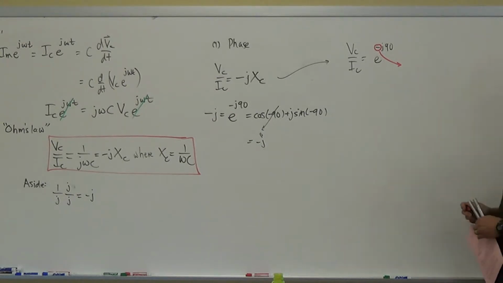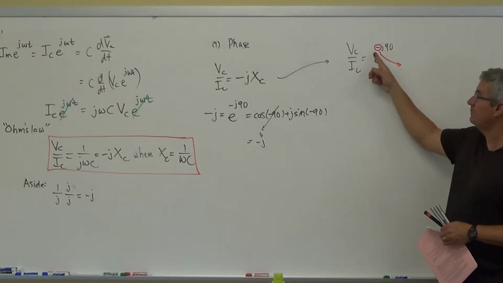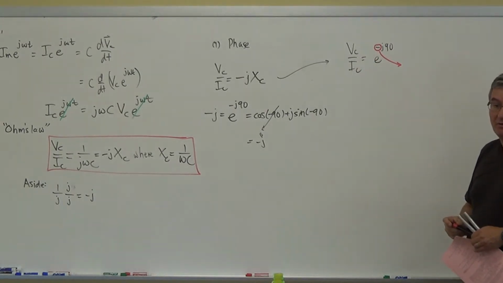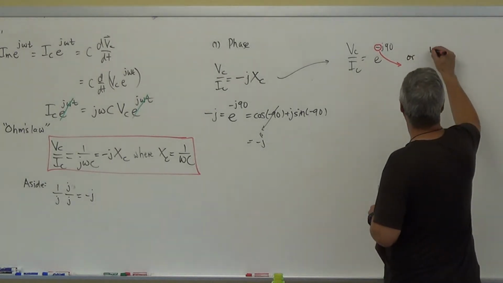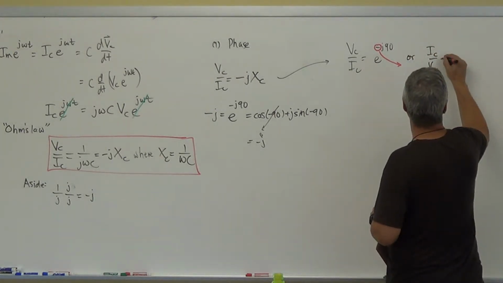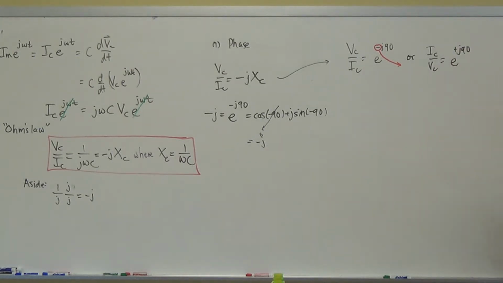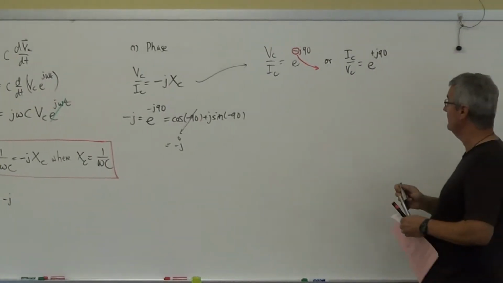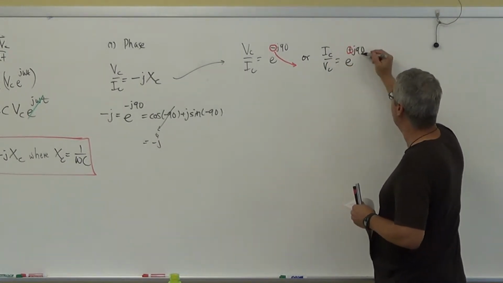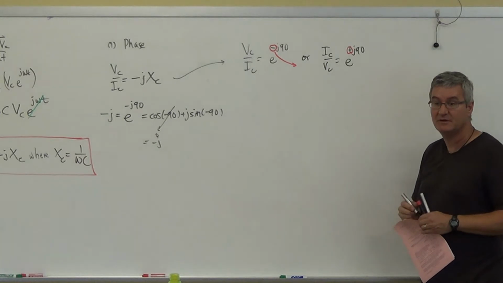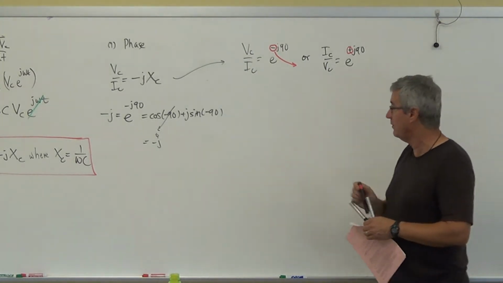VC is behind the current by 90 degrees, or you could write this as IC over VC, and then I get plus j 90 degrees. And what does that plus sign mean? It means that this guy is ahead of that guy by a phase of 90 degrees.